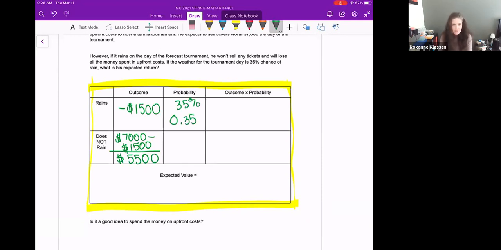Remember how we learned how to convert those percents to decimals? Everybody okay with that? All right, so what goes in the other box for what's the probability it doesn't rain?